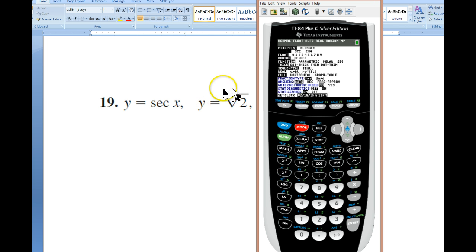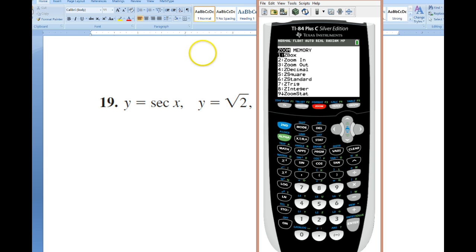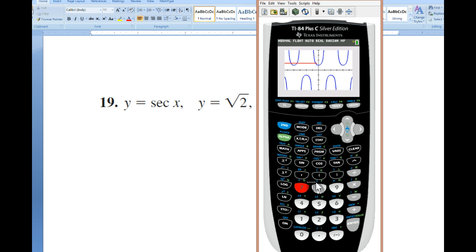Make sure your mode is in radians. And then I'm going to graph this in trig. Now we just went from -pi/4 to pi/4, so it looks like we're looking at just this little region in here.